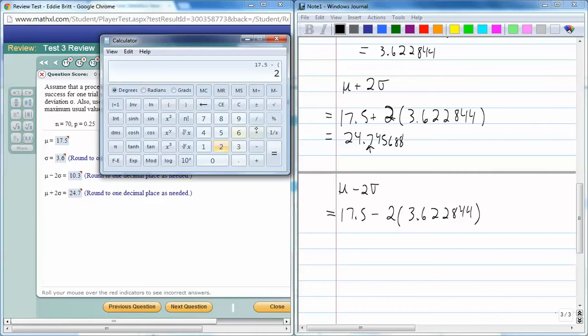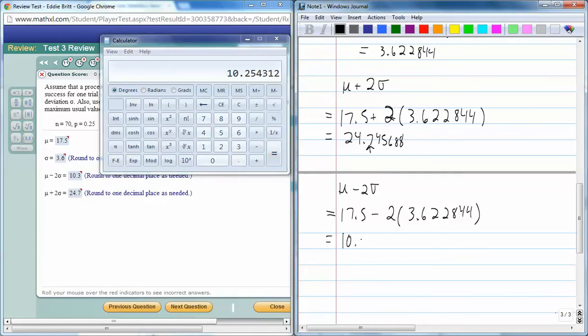Parentheses 2 times 3.622844, close parentheses. Alright, and so I got about 10.254312. Now if I round that to 1 decimal place, that'd be about 10.3. You see that's what they have here, 10.3.